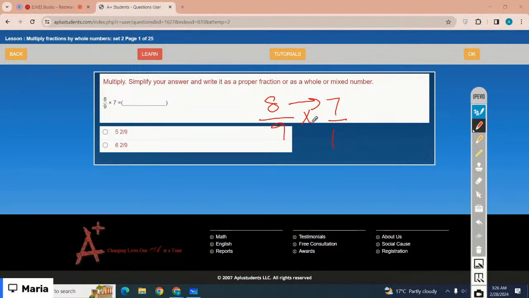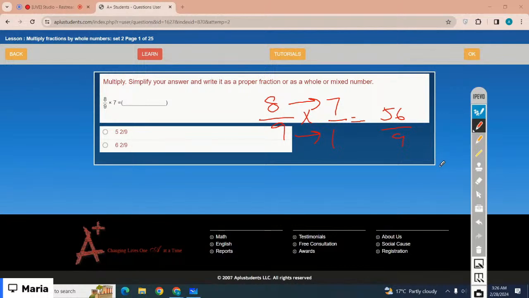So you have to do numerator times numerator and denominator times denominator. You have to do 8 times 7. 8 times 7 is 56, right? And 9 times 1 is 9. So that is 56 over 9. Now 56 is greater than 9, so you have to divide 56 by 9 from the table until you get 56 or the number that is less than 56.